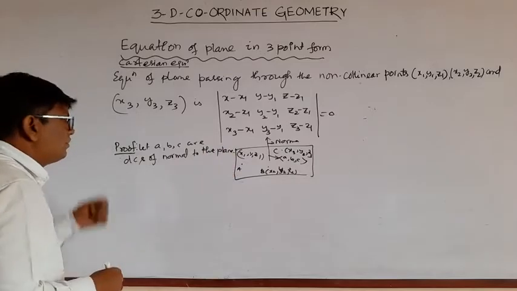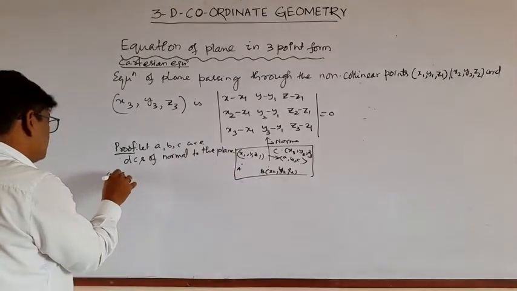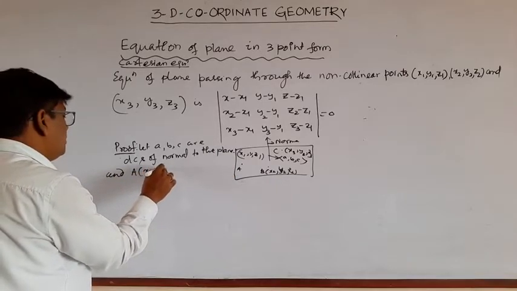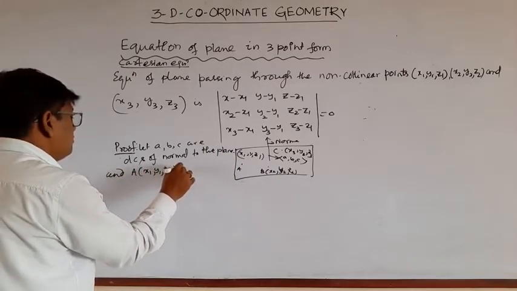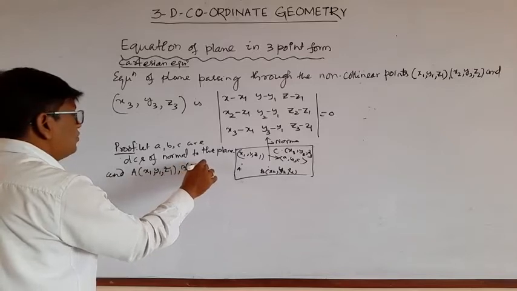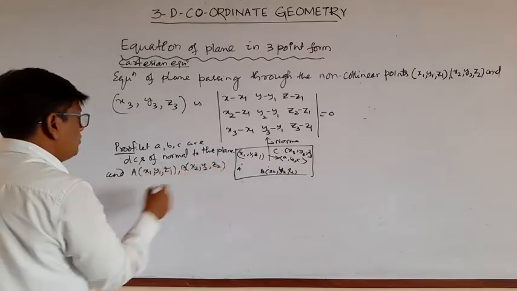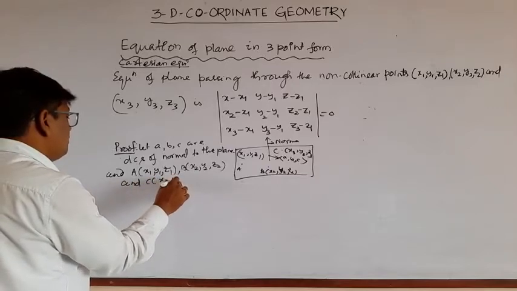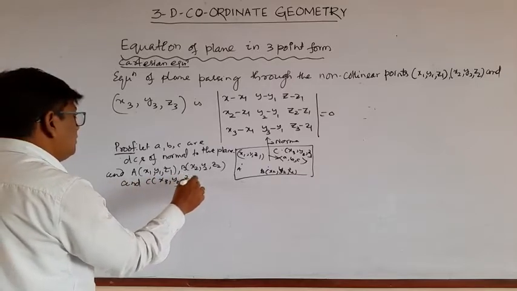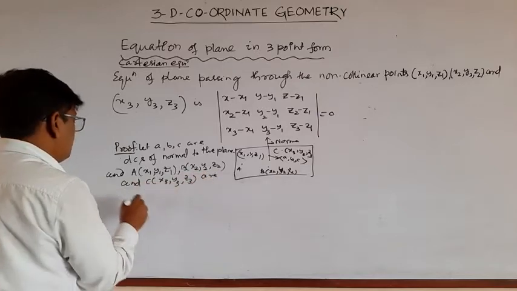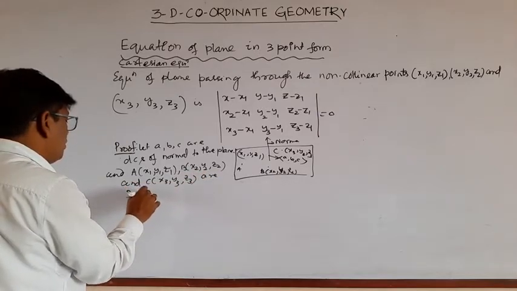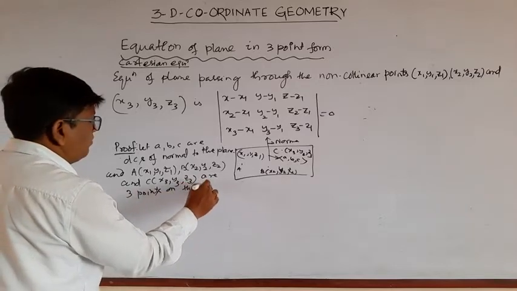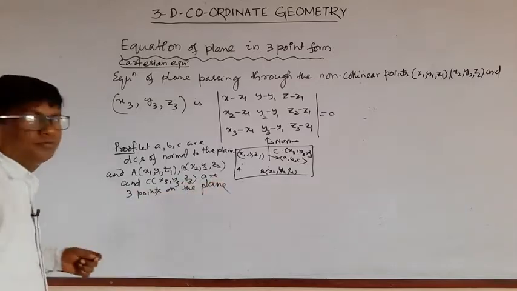Now A of x1, y1, z1, B of x2, y2, z2, and C of x3, y3, z3 are 3 points on the plane.